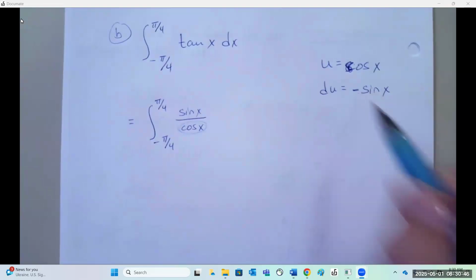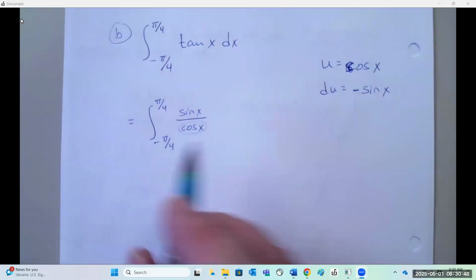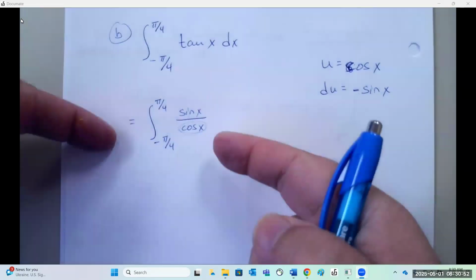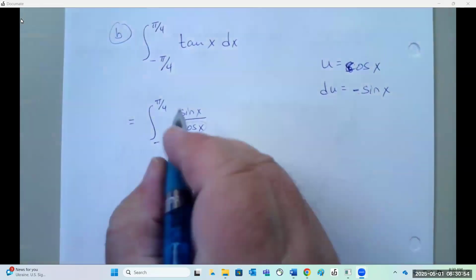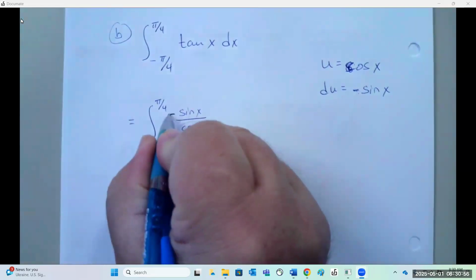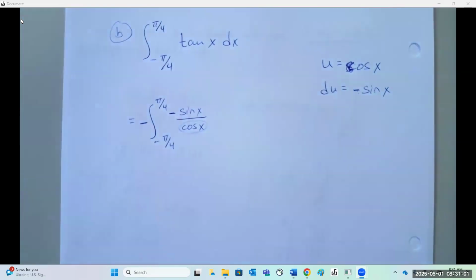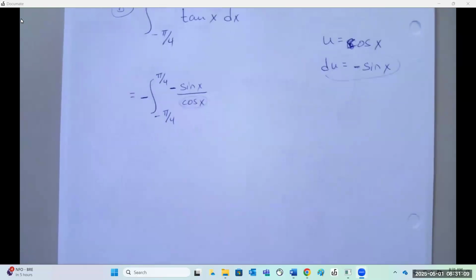We need a negative sign. Do you see a negative? No. So since it's supposed to be there, we have to put it there, and because we put it there, we have to cancel it out. It's not a tough question. It's not a trick question. But we need it to satisfy our equation.